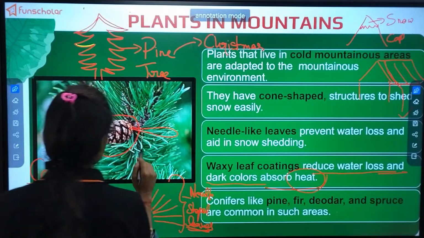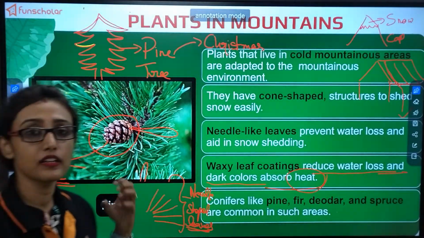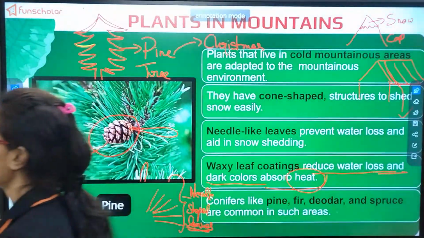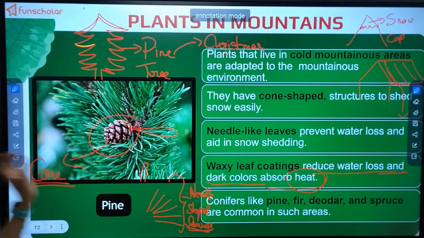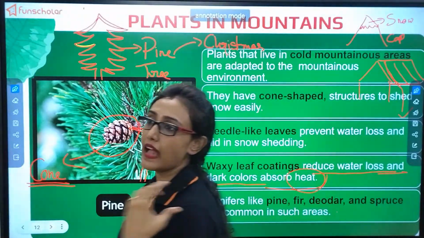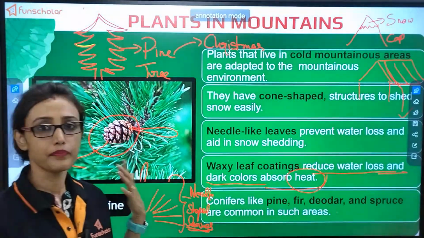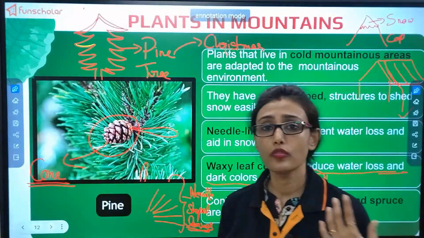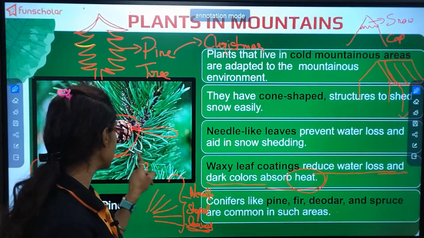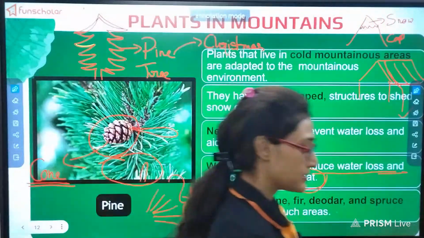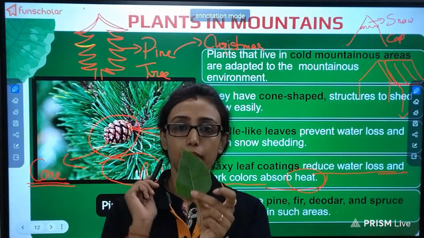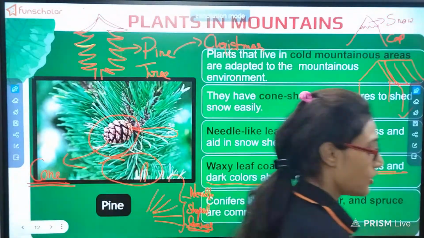The more green the leaves are, the more chlorophyll content there is. So the darker chlorophyll absorbs more sunlight. Over there, the sunlight is also not like the sunlight in the plains. It is very cold over there. So to absorb the maximum sunlight, they are dark green in color. See, this is darker, but not that dark. But they have very dark green.